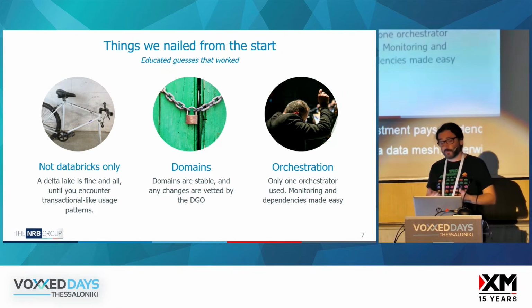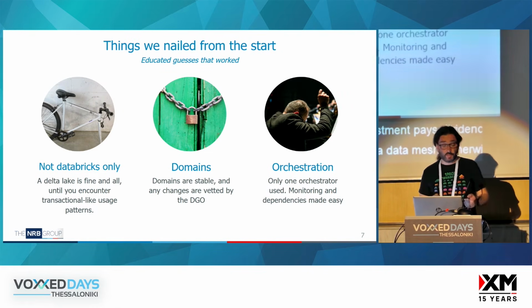Things that we did right from the start. We knew that not only Databricks would serve all needs. We would need additional tools. We tried to create a coherent ecosystem so people can move from one thing to another, so that we do not have a fragmented data estate, and we strived for some specific guidelines.